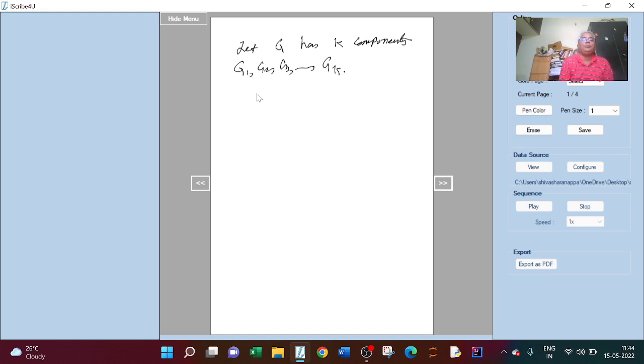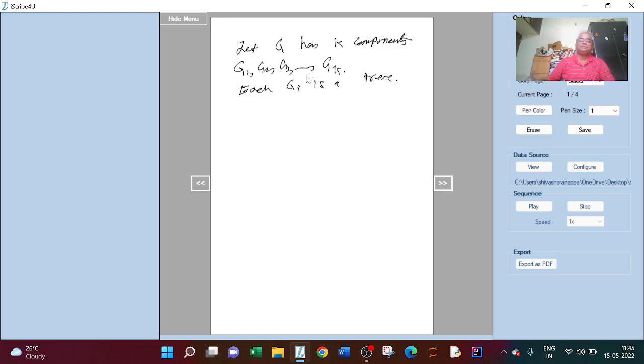G has k components means G1 is acyclic and connected, G2 is acyclic and connected, G3 is acyclic and connected, Gk is acyclic and connected. That means each Gi is a tree. So G has k components, and each Gi is a tree.